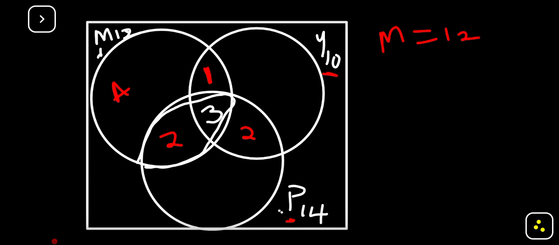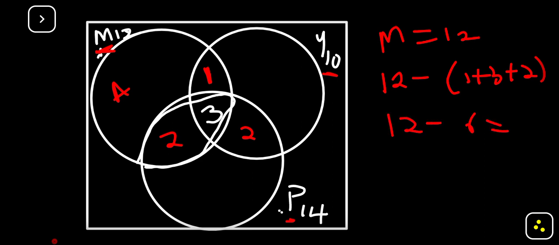So this means that 12, the value for maize, we're going to subtract all the ones attached to yam and plantain. All right, so we're going to remove 1 plus 3 plus 2. So 12 minus 6 is going to give us 6. So that means we're going to have 6 people that sell only maize. So here is 6. So only maize is 6.